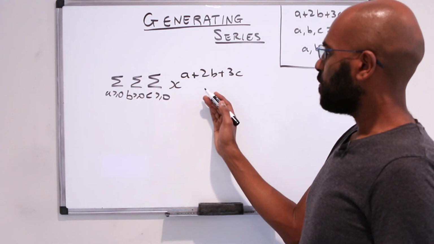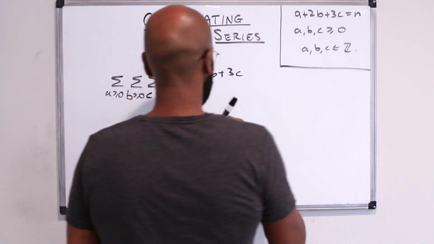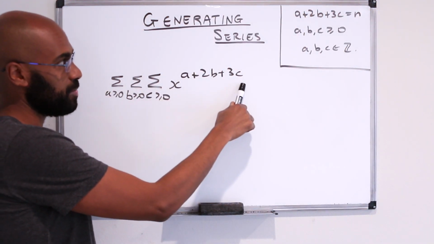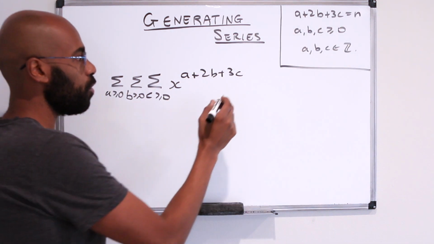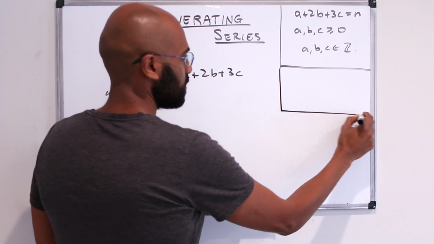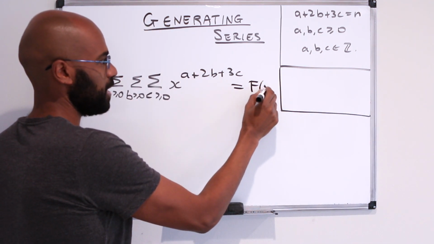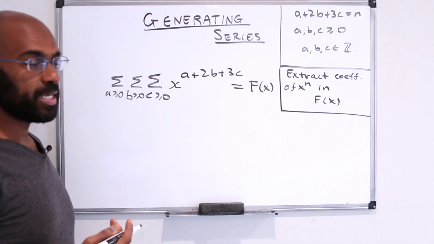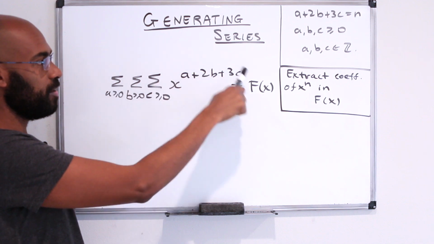So the x to the nth coefficient is precisely the number of non-negative integer triples a, b, c that satisfy this equation. Our goal then is to extract the x to the nth coefficient of this thing. Maybe we'll give this a name, f of x. So our goal in counting is to figure out the x to the nth coefficient of f of x.